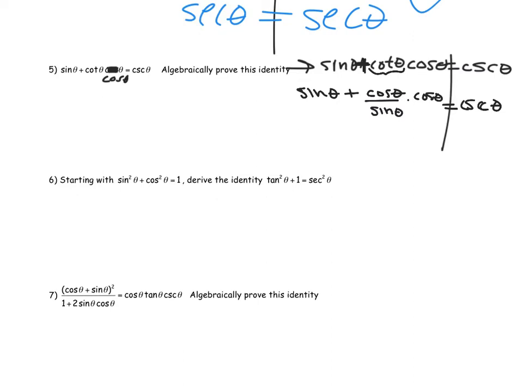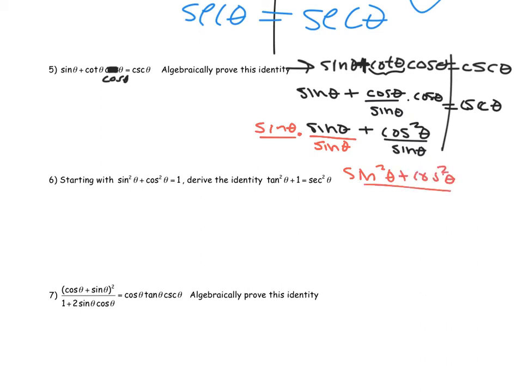Okay, well, I'll have sine theta plus cosine squared theta all over sine theta. If I multiply my sine theta by sine of theta over sine of theta, that way we have like denominators, because this is really just a form of 1. So now I'm looking at sine squared theta plus cosine squared theta, all over the same denominator, sine theta, is equal to our cosecant of theta.